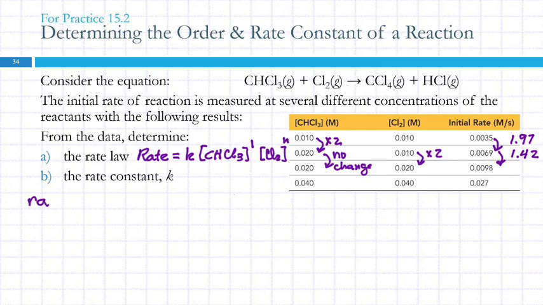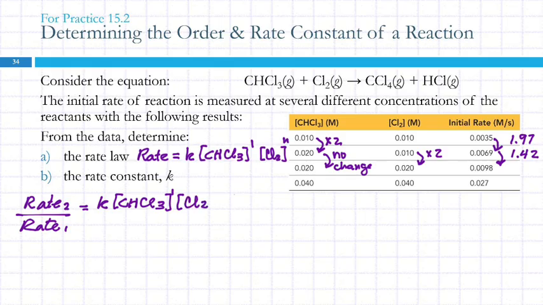So, well, let's be consistent. Rate 2 over rate 1 is equal to the constant times CHCl3 to the first power times Cl2 to the n power.